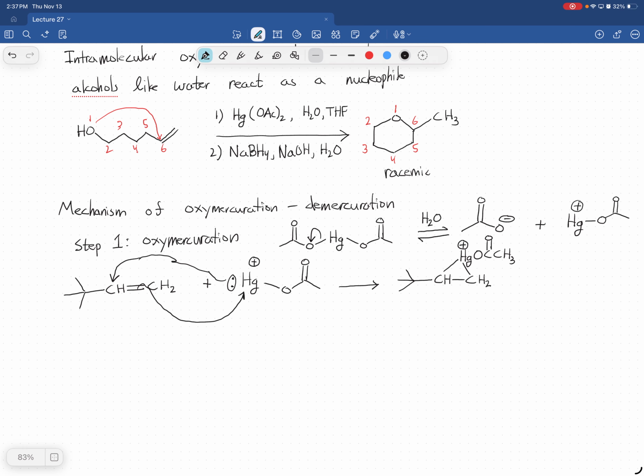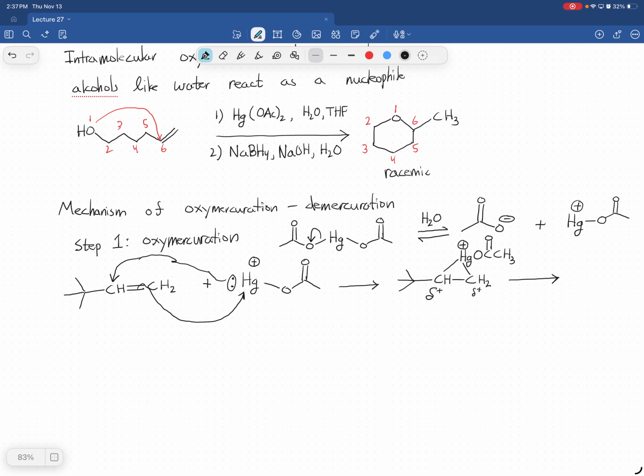All right, so, well, this one, remember, there's a bigger partially positive charge here, right? So way more partially positive, only slightly partially positive on the less hindered side.